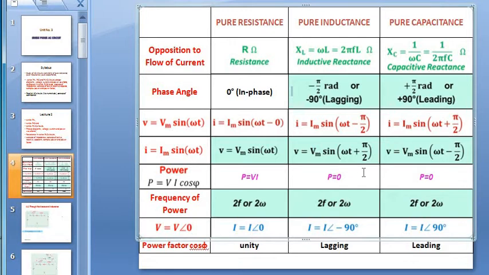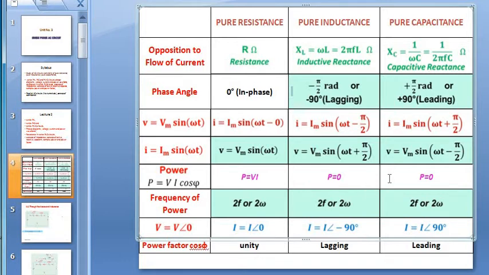For the remaining two cases, pure inductance and pure capacitance, we have observed that in both the cases, power is not absorbed. The average power is equal to 0. Inductance as well as capacitance, they never consume power.